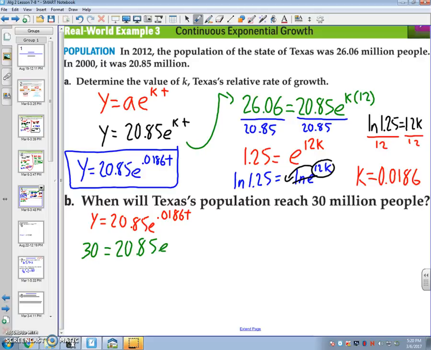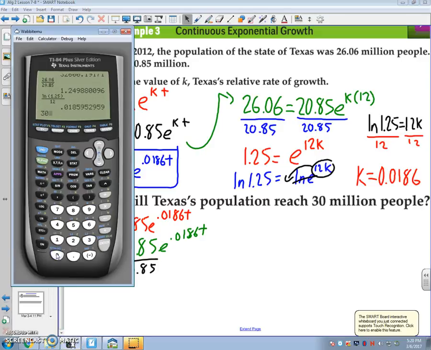30 equals 20.85 e to the 0.0186t. Well, I'm going to divide by 20.85. I'm just solving for t. All right, use a calculator for that. 30 divided by 20.85 is 1.4388.